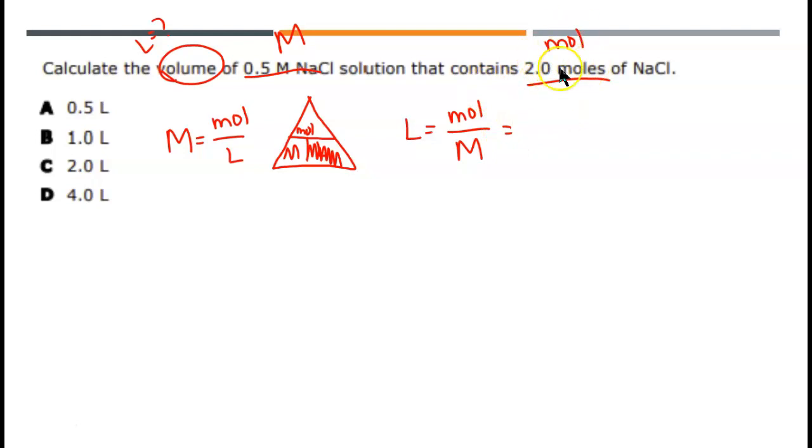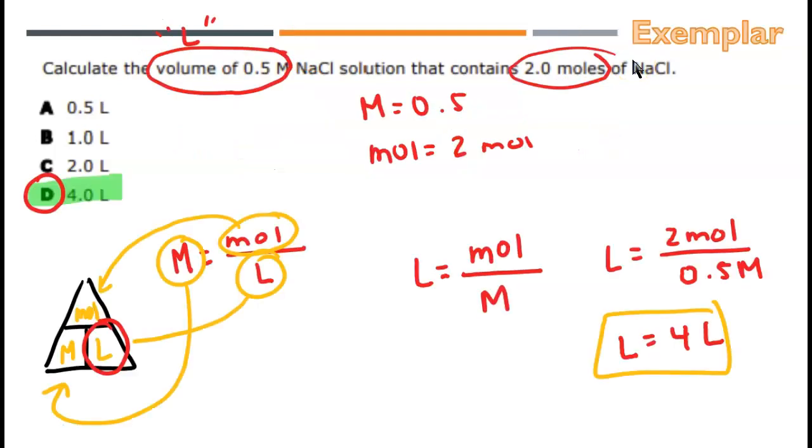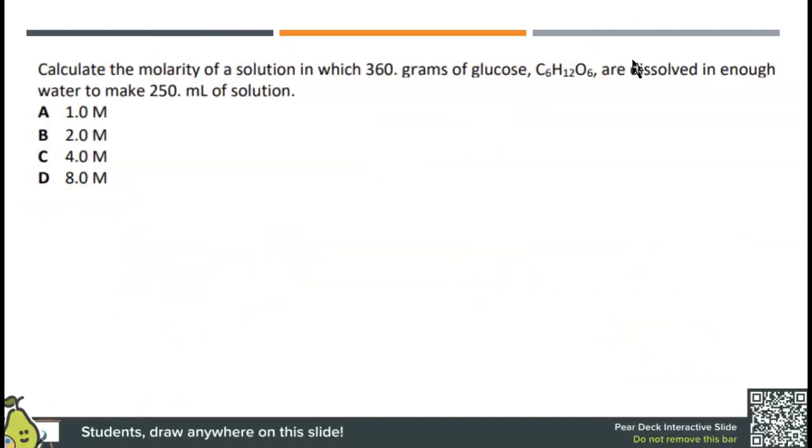Our moles given is 2.0 moles divided by our molarity, capital M, 0.5. Divide 2.0 by 0.5, and that gives us 4 liters. So remember that equation, or the density triangle, the molarity triangle.